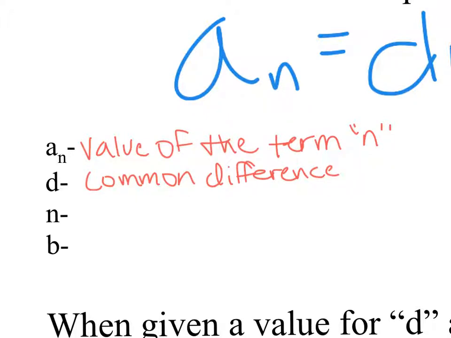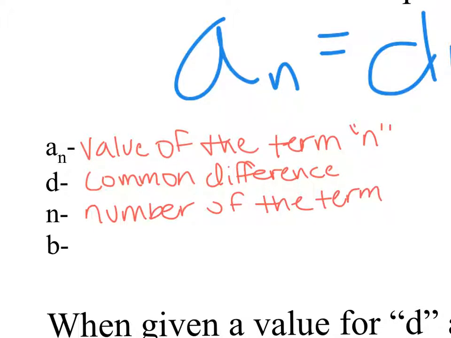So this is what we're adding each time or subtracting each time from the sequence. Then we have n, which is the number of the term. So first term, second term, third term.